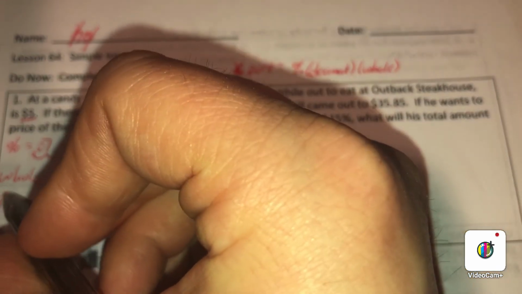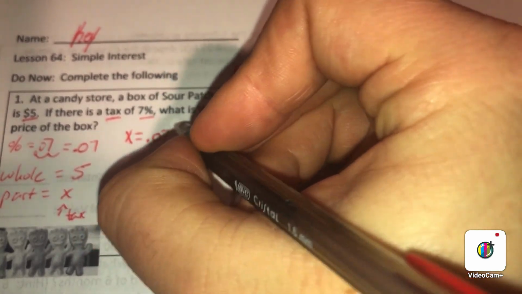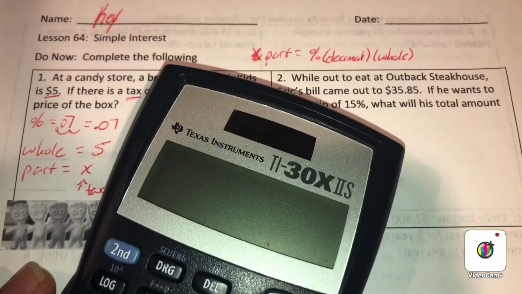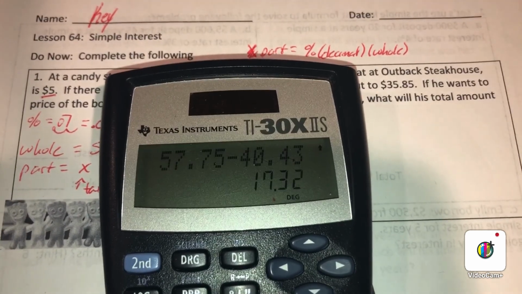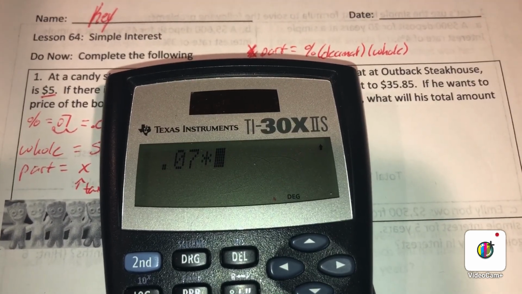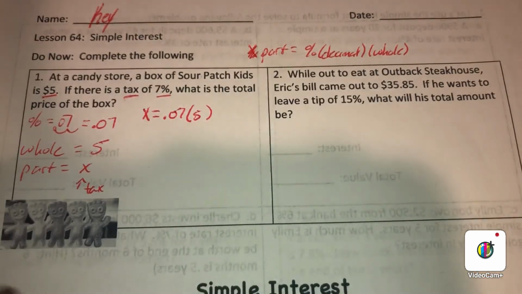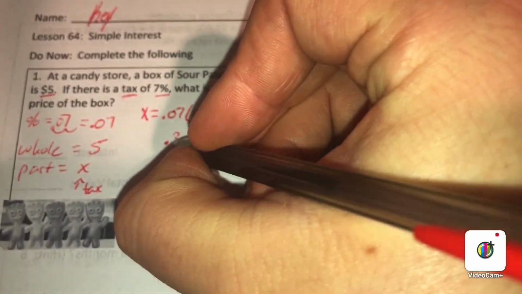And the part is what we're looking for, and we're going to add it. That's going to be our tax amount. So x is 0.07 times 5, and that's how much tax it's going to be. 0.07 times 5, you get 0.35, so it's going to be 35 cents for tax.